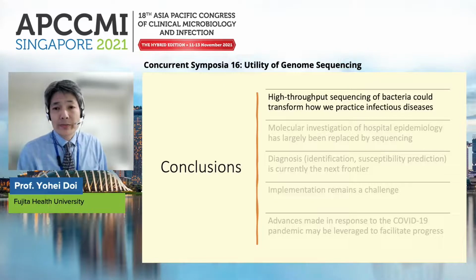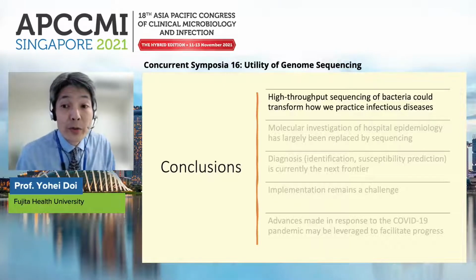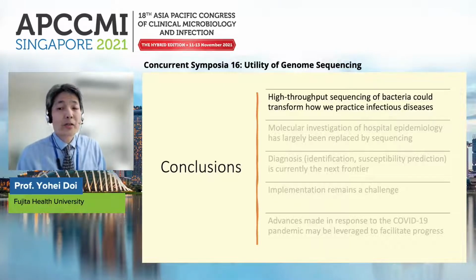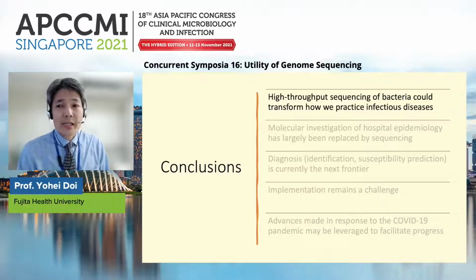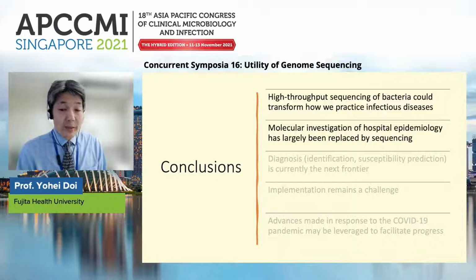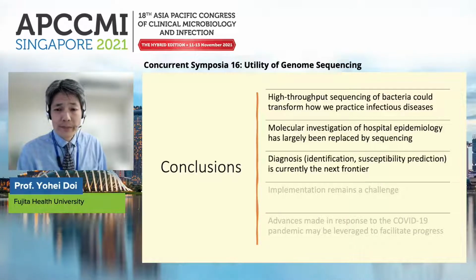So in conclusion, high-throughput sequencing of bacteria could transform how we practice infectious diseases. Molecular investigation of hospital epidemiology has largely been replaced by sequencing. Diagnosis, including identification and even susceptibility prediction, is currently the new frontier.